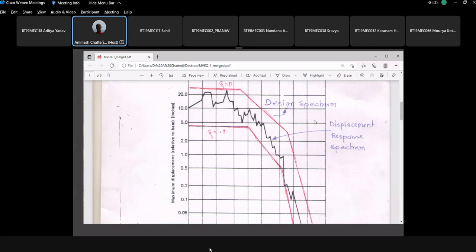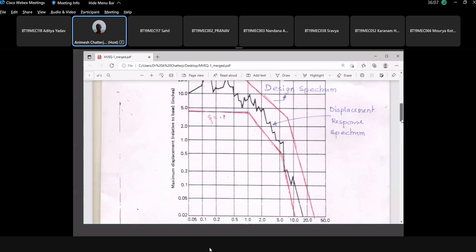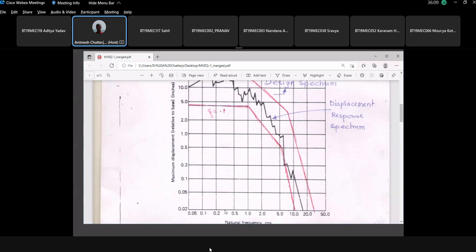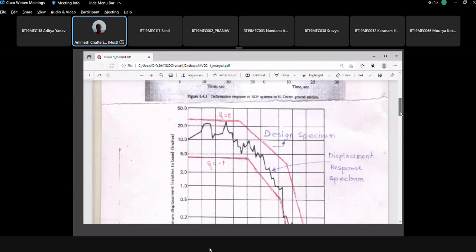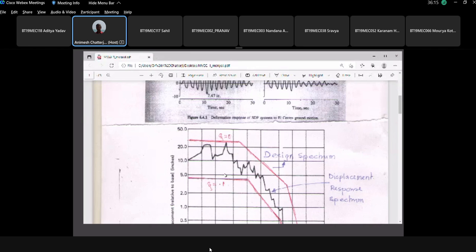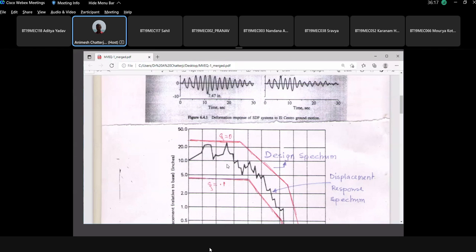Agree? And how much does it come out to be? Maybe around 0.32 hertz. So suppose a building exists near El Centro whose natural frequency is 0.32 hertz. And if this earthquake repeats, do you think the building will definitely go into resonance and collapse?